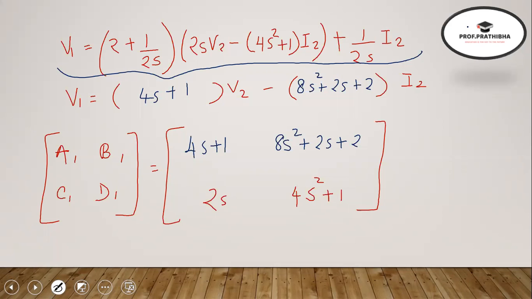Are you getting this answer? 8s square plus 2s plus 2. So this should be your A1, B1, C1 and D1.